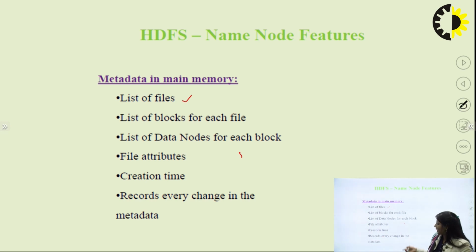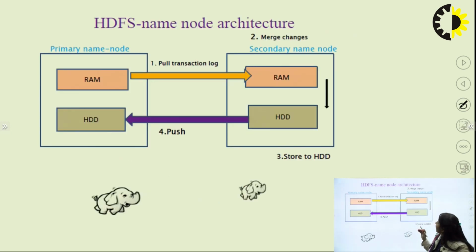All of this information is contained in the name node. So how will it work? When we combine that data from the different slave nodes, this is a primary name node and this is a secondary name node.